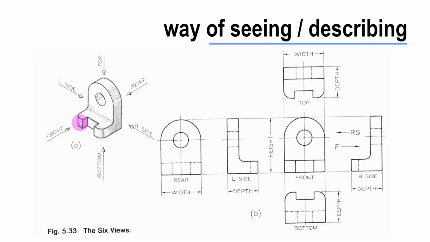I can see that there's a difference between these faces here and this slot back here, but in the front view, I can't see how far back that slot goes. Same thing with the difference between up here and this face back here. That's being projected on the front. However, I can't see how far back it is.